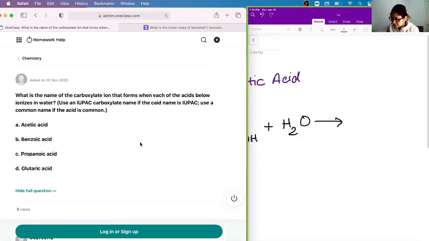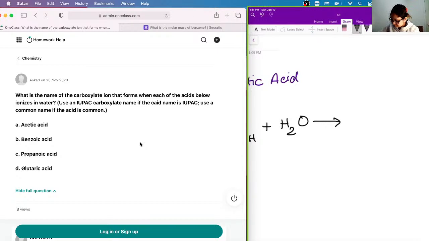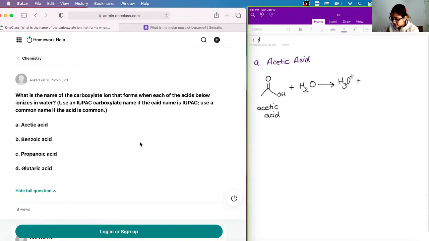produce hydronium ions, H3O plus, and it would create a carboxylate ion, which is your acetate. So you have O negative. This is your acetate.